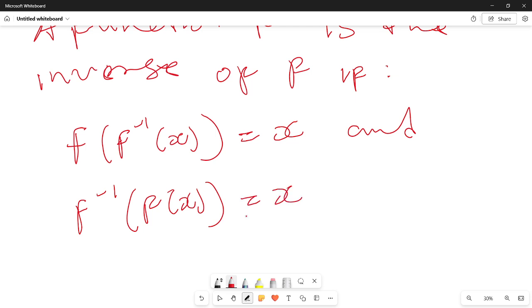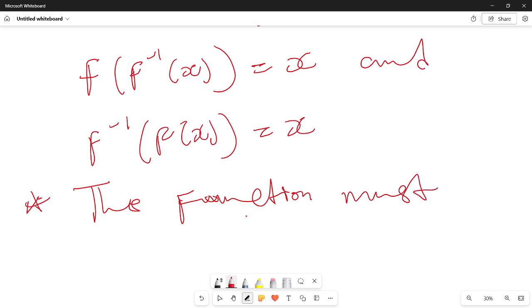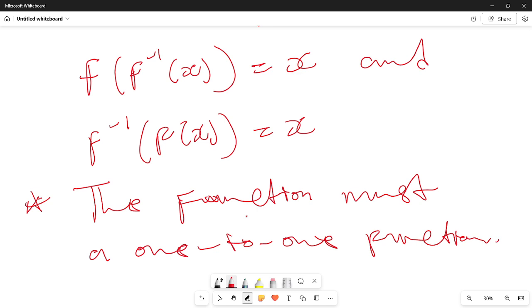So what we are trying to say here is that for an inverse function to exist, the function must be a one-to-one function.